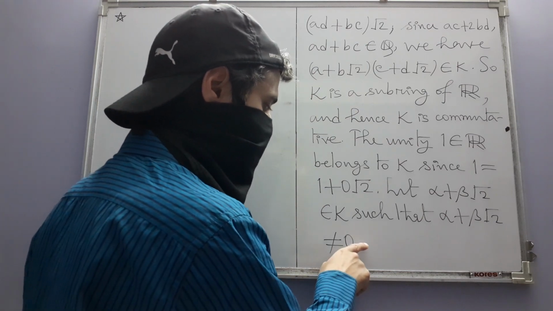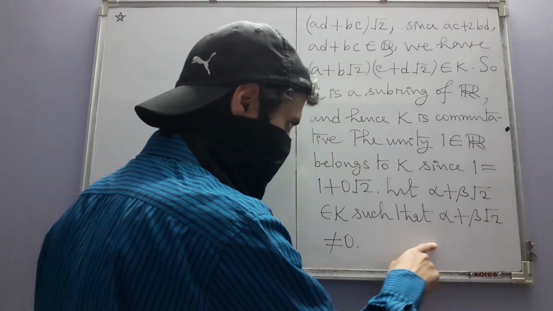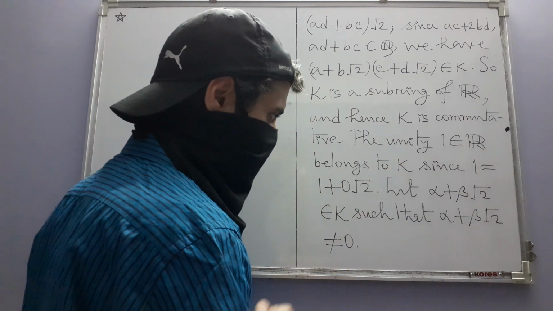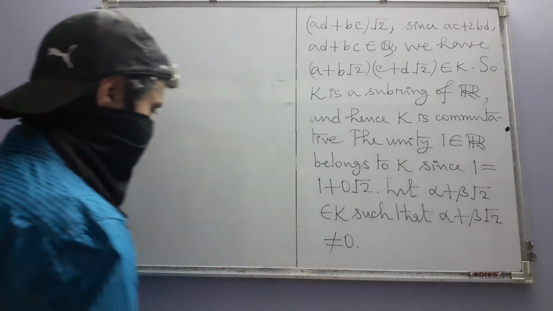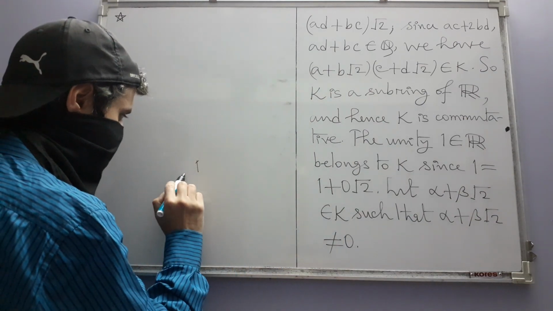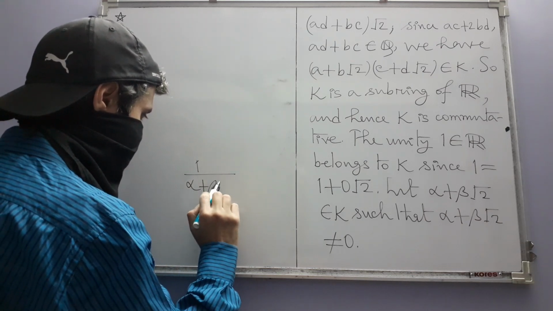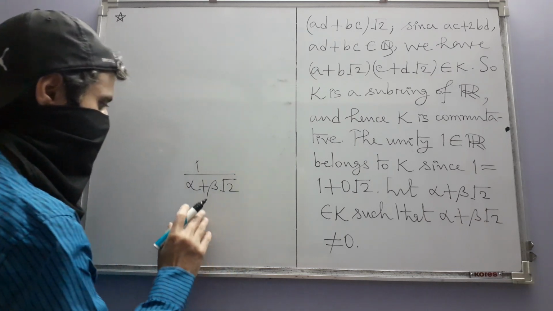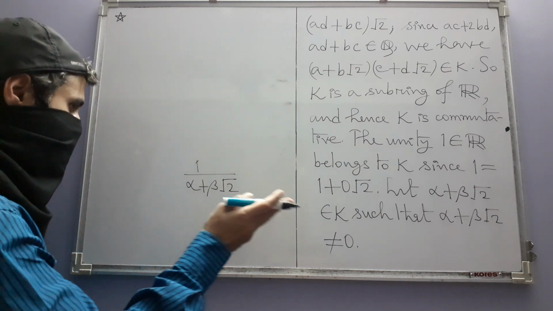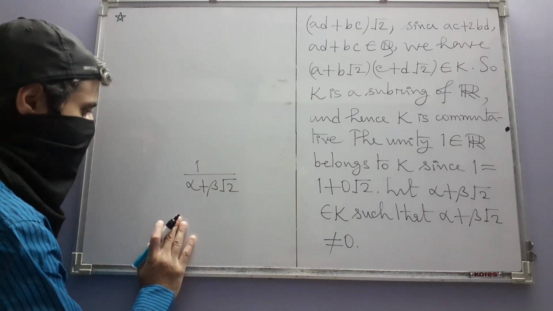Now, do we need to write anything else here, or we can just simply start calculating from this point? That's what I got confused about. In the field of real numbers, this is the multiplicative inverse of this non-zero real number.